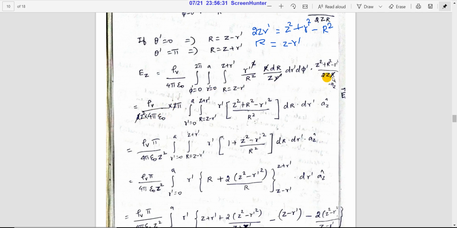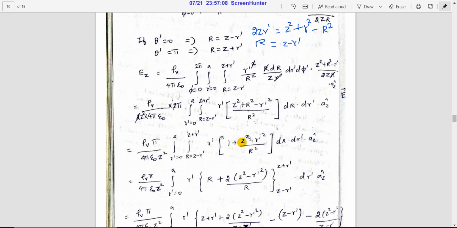Also here these z terms are going to be constant ones, and here the z term has the plus sign, so you cannot take this out, but you can take this particular term out. So here 2z and z, so you can take out 2z square, and the 2 pi, so 2 and 2 will be cancelled, so the remaining terms will be rho v pi divided by 4 pi epsilon naught z square.